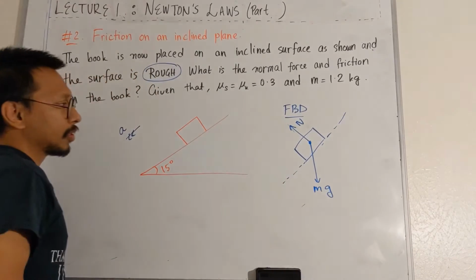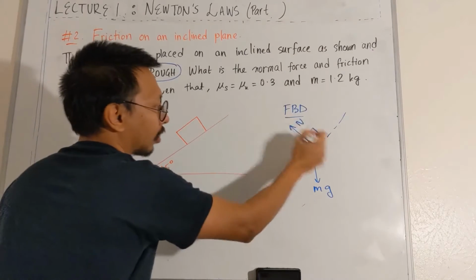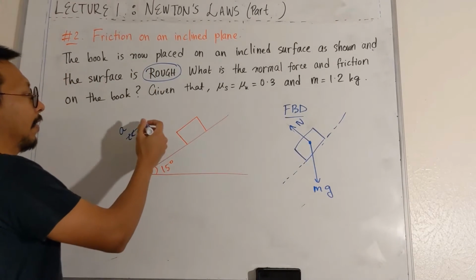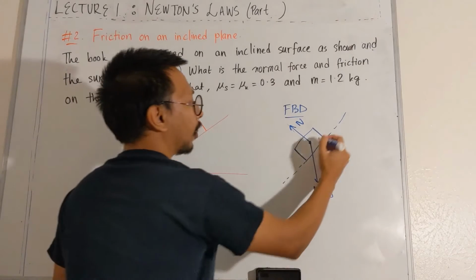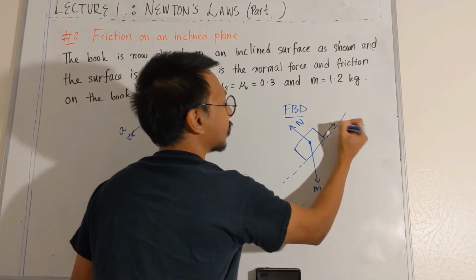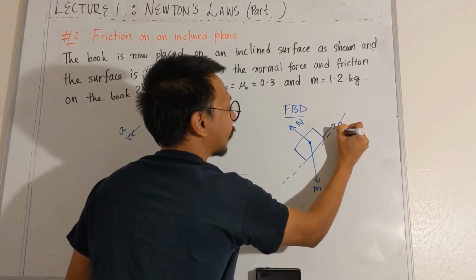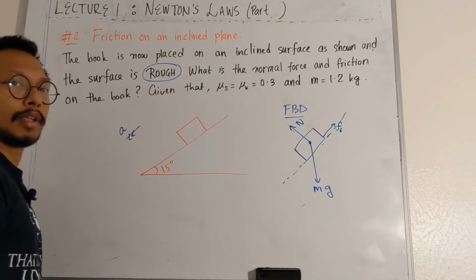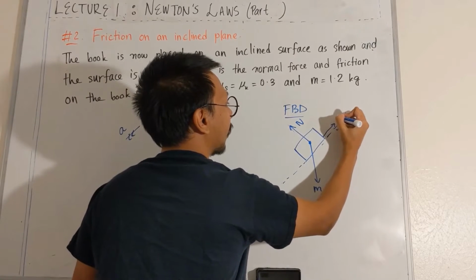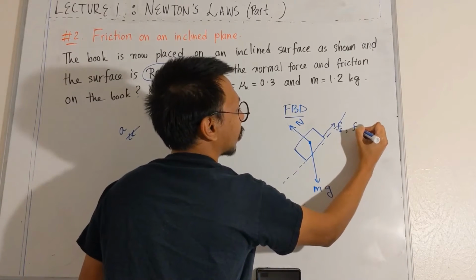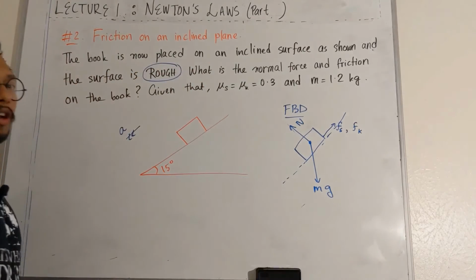What are the other forces acting on this book? Well, if it's trying to slide down, then before it slides, we have static friction acting on it. After it begins to slide, we will have kinetic friction acting on it.